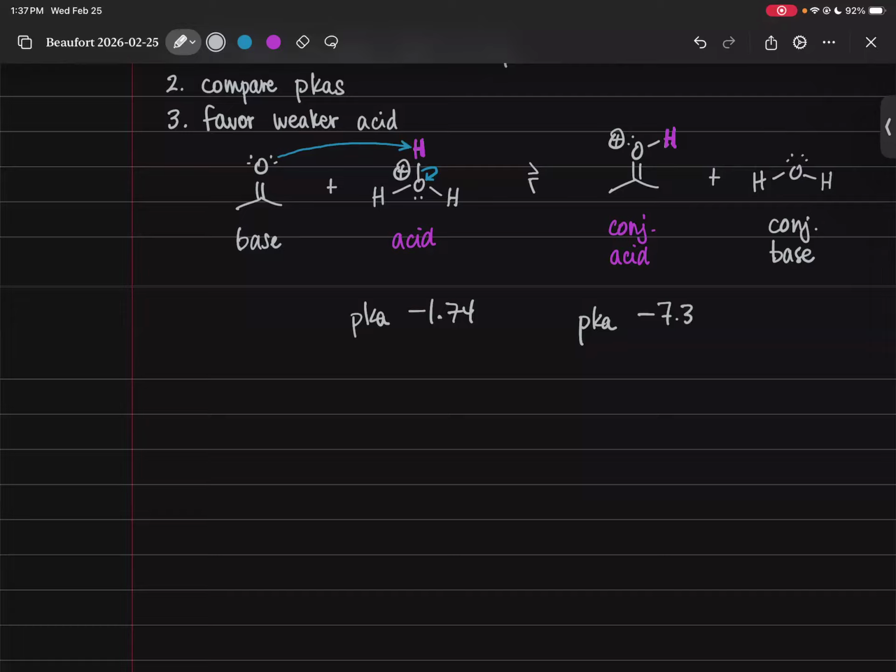Okay. So lower pKa means stronger acid. These are negative numbers. So minus 7.3 is the stronger acid.